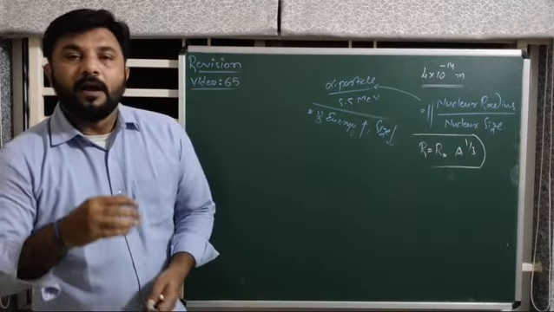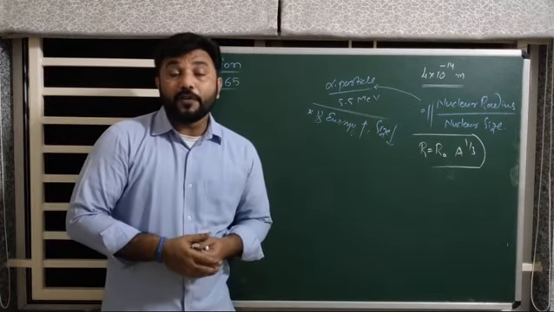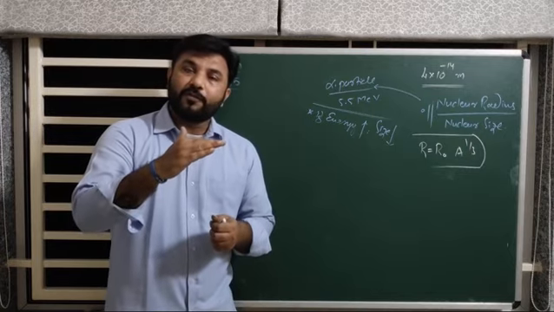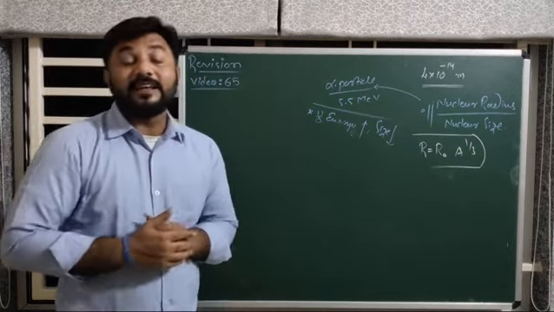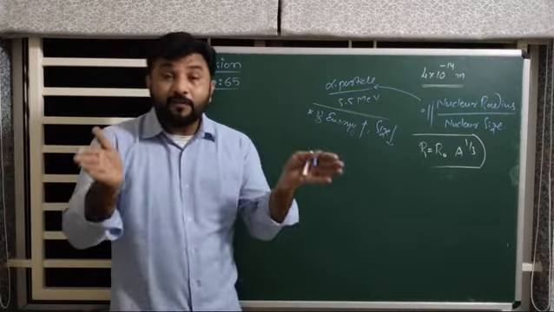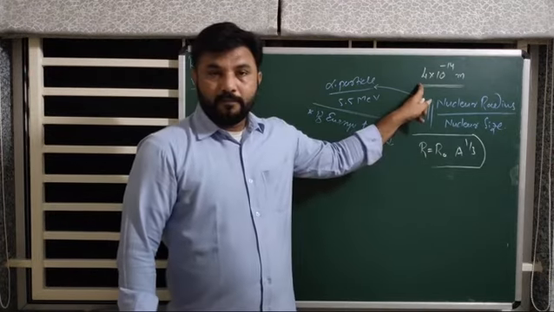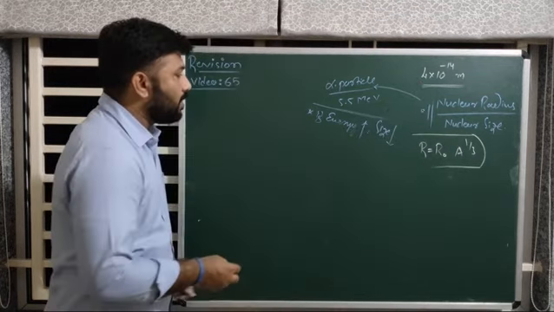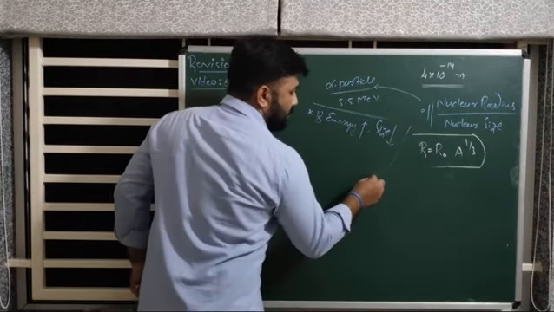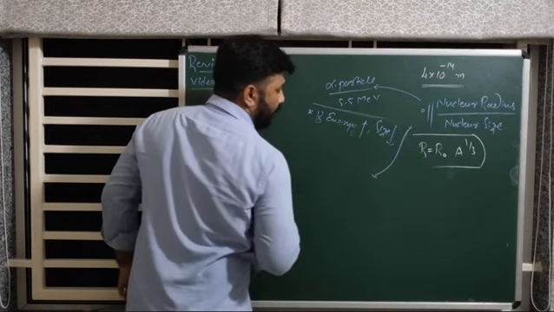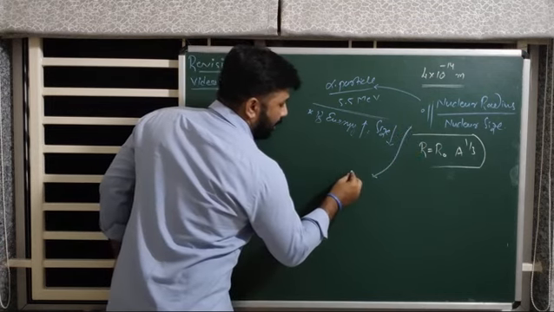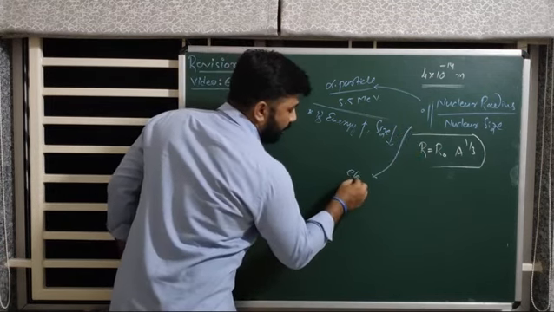Means instead of that 5.5 MeV, if the energy increases, there was a calculation which gives a radius less than this.